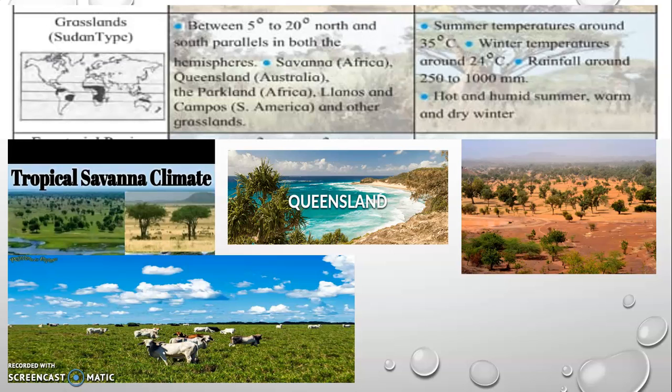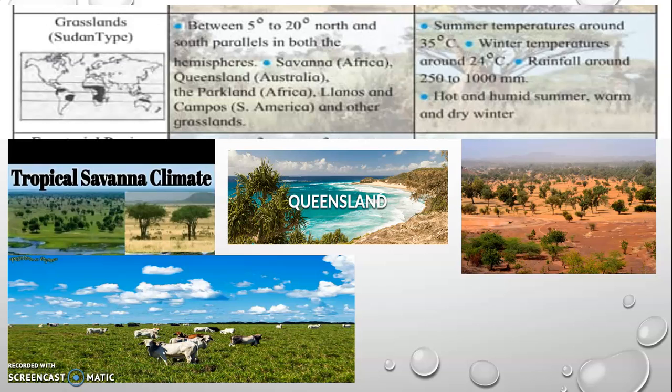And last, below the picture, the Llanos and Campos, which is in South America. These are the tropical type of grassland, the Sudan type of region. These questions can be asked as name the following or match the following. So you have to understand and learn.